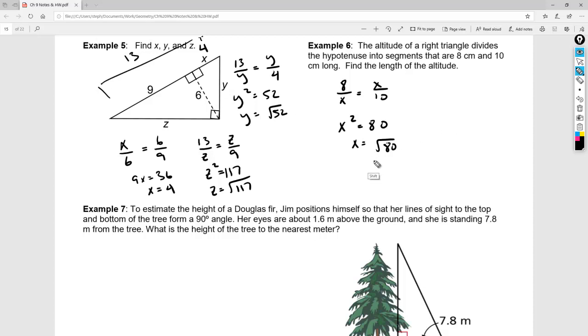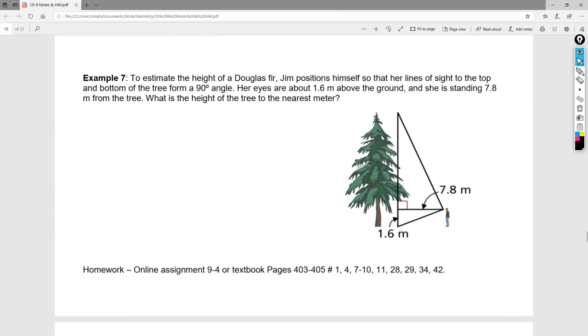Okay, and then last problem. This is a slightly more realistic scenario of how one might estimate the height of something. In this case, we have a height of 1.6 meters, and we're trying to estimate the height of this tree. We know that we're forming a right angle with our eye line.